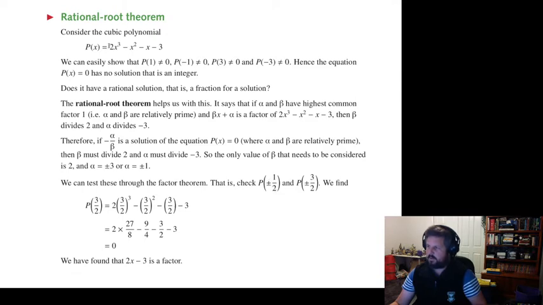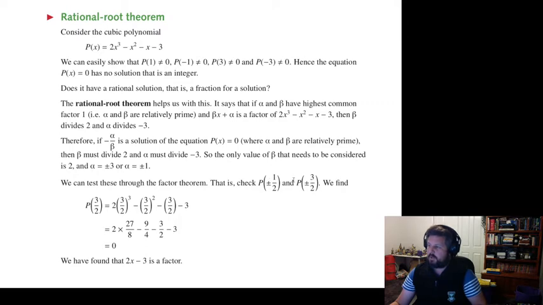In this case, it's going to be 2, but we're going to be trying on the top the alpha value as being either positive or negative 1. So we're going to have to try positive a half and negative a half and see if that comes out to being equal to 0 when we substitute it in. And we also need to try both positive 3 over 2 and negative 3 over 2.